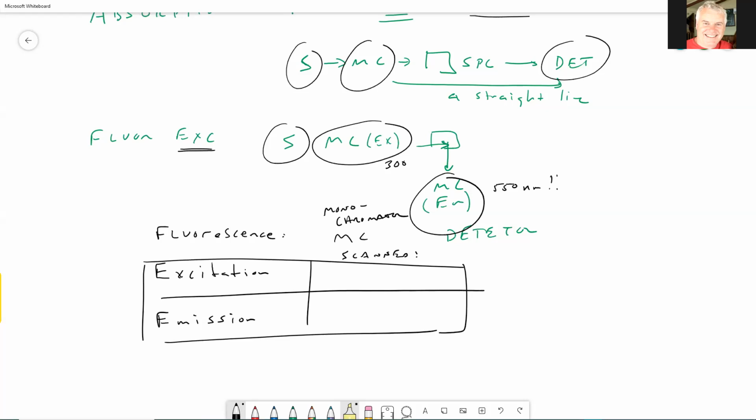And Romel, what is the function of a monochromator? What is the function of a monochromator?